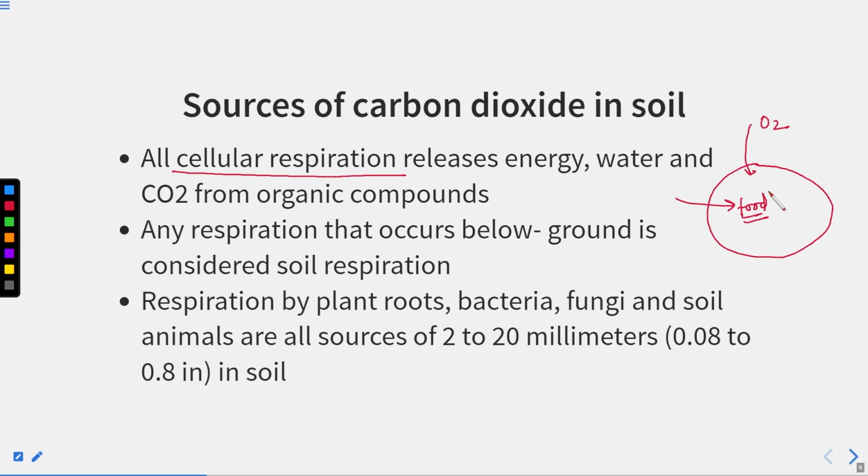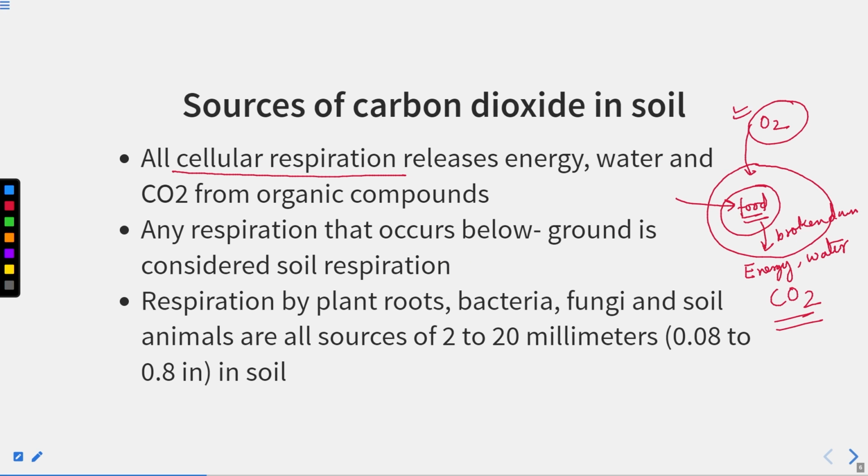In the presence of oxygen, this food material is broken down and releases energy, some water and carbon dioxide. So we take oxygen and give out carbon dioxide.